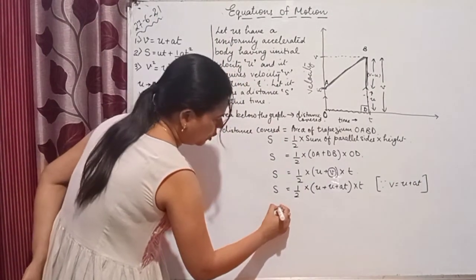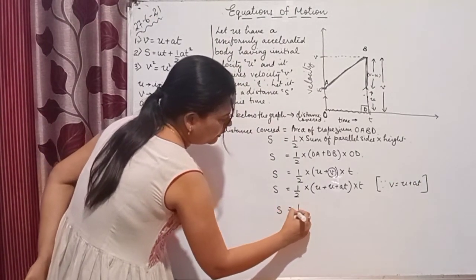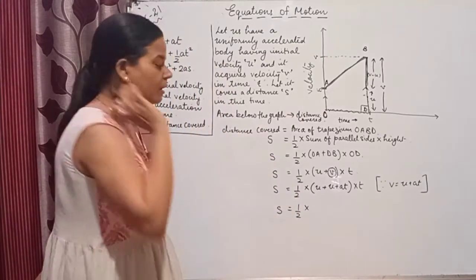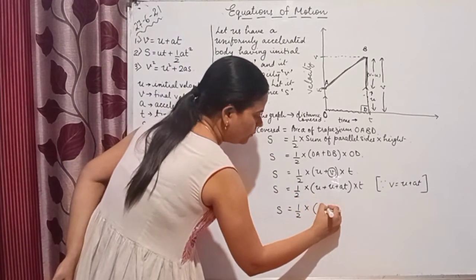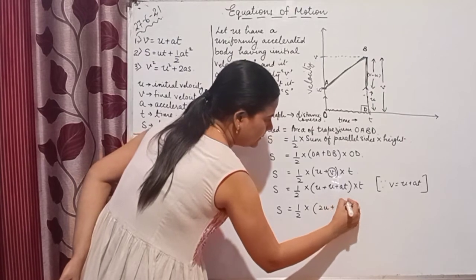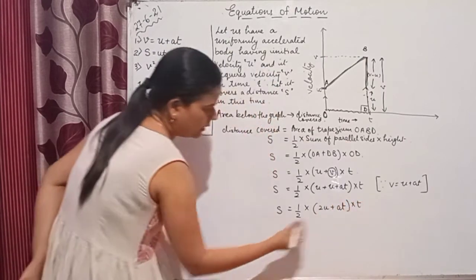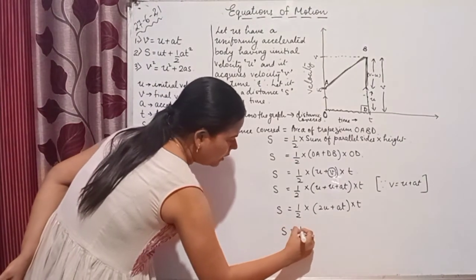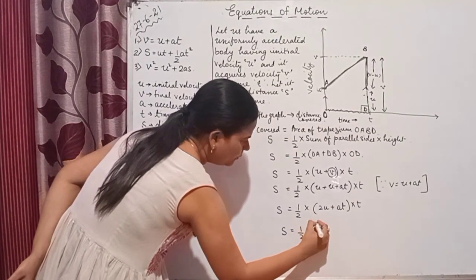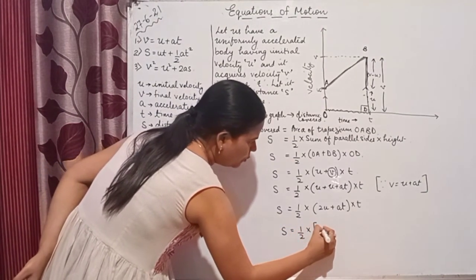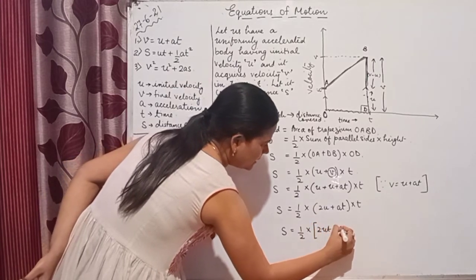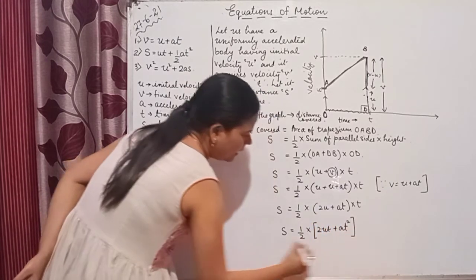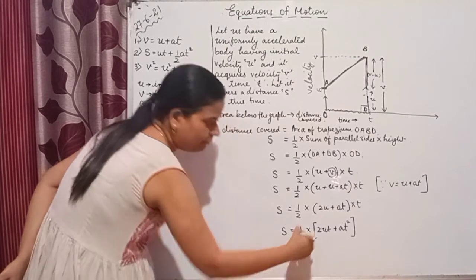Now let us solve it further. So we will be getting it as 2U plus AT into T. Let us multiply T. Then we will be getting 1 by 2 into 2UT plus AT square. Now let us multiply half.